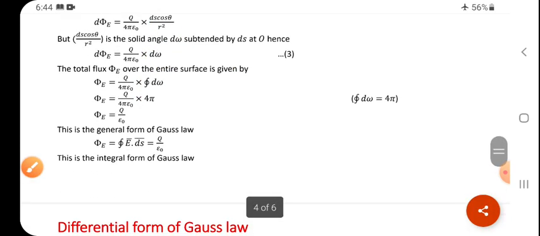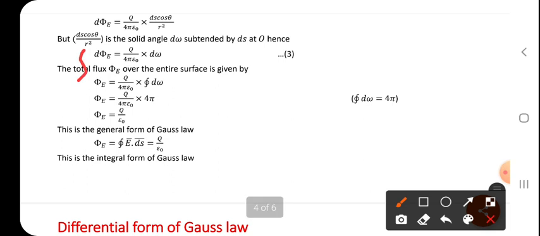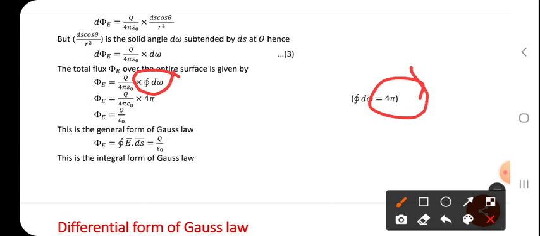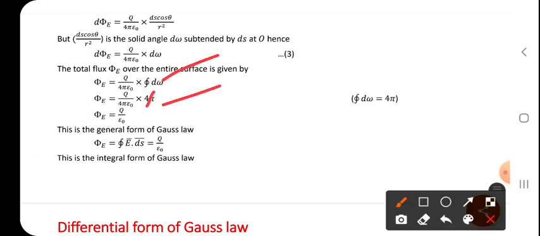Integration cancels the differentiation on this side, and these quantities are constant, so the integration is attached to d omega only. The integral of d omega is 4 pi, so in the place of d omega, 4 pi is substituted. This 4 pi gets cancelled.